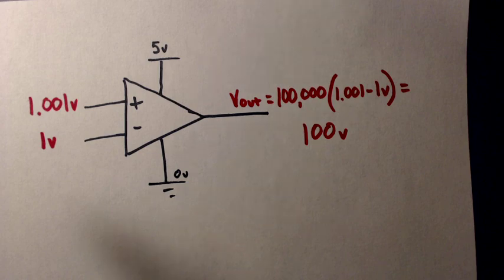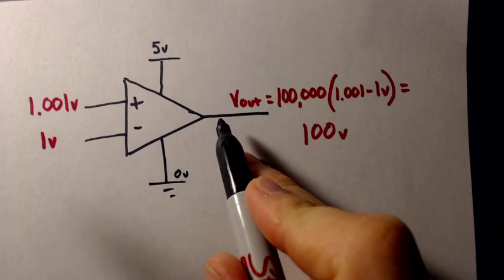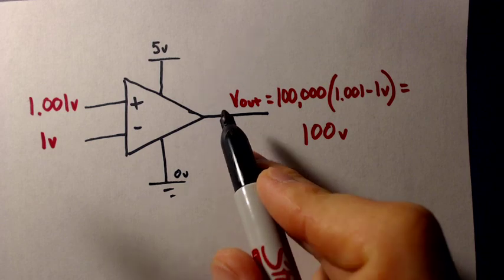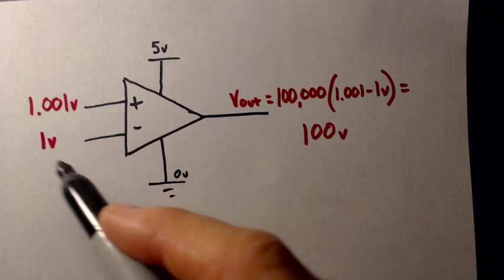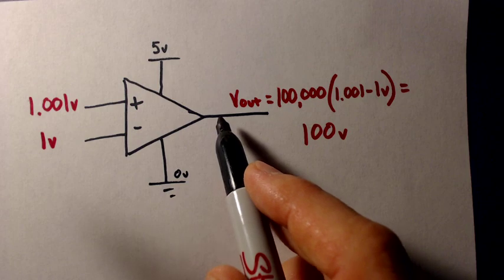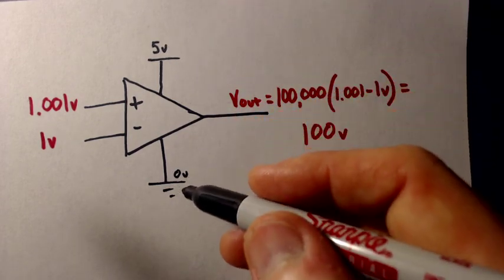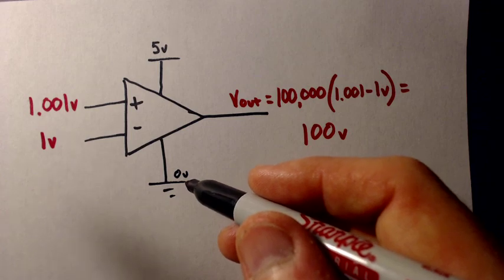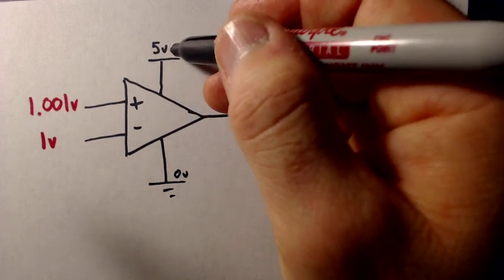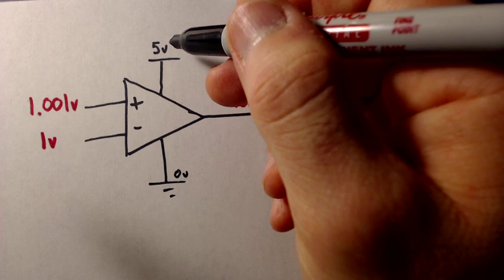Now, here's where we need to pay attention to the power. As it turns out, the output, and for that matter the inputs as well, cannot be outside of this range. Meaning we can't have negative 1 volt, we can't have negative 10 volts. Similarly, we can't have 10 volts, we can't have 100 volts.